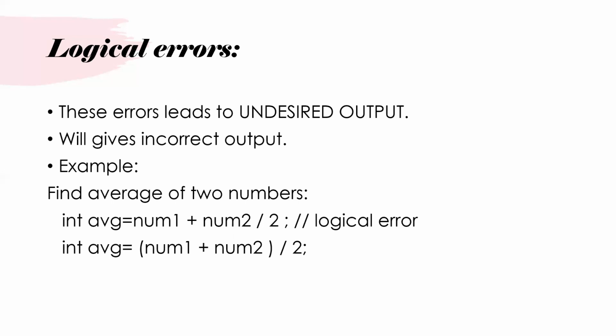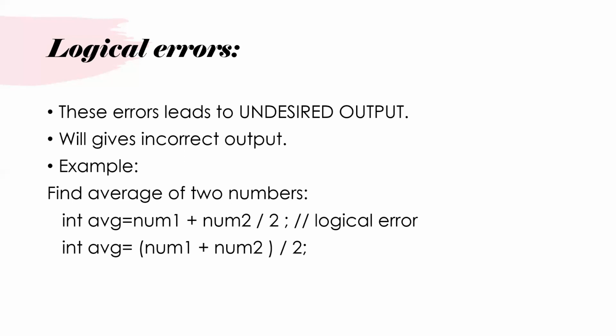Here is an example of a logical error. Here we are trying to find the average of two numbers. In the first statement, number1 + number2 / 2, what does this operation do? First, number2 will be divided by 2, then that will be added to number1, but that is wrong logic. It will not give the average of two numbers.